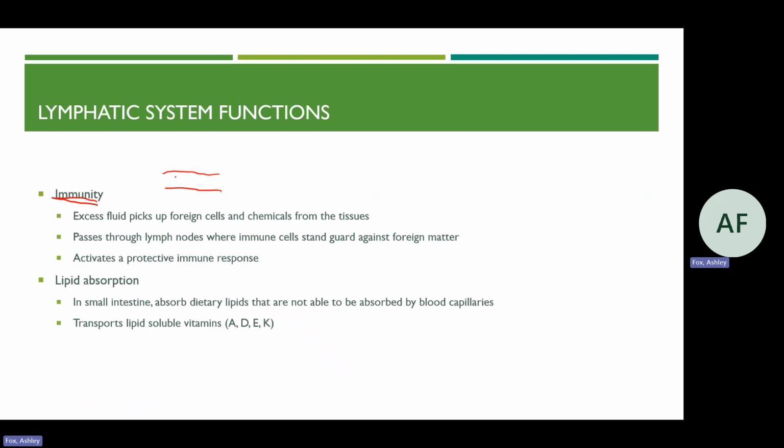Well, sometimes any foreign cells or abnormal chemicals can be pushed from the capillaries into the interstitial fluid. Then it's picked up by the lymphatic system. So it's another way that the white blood cells can monitor what's going on inside the body by actually going and being part of the lymphatic system as well.